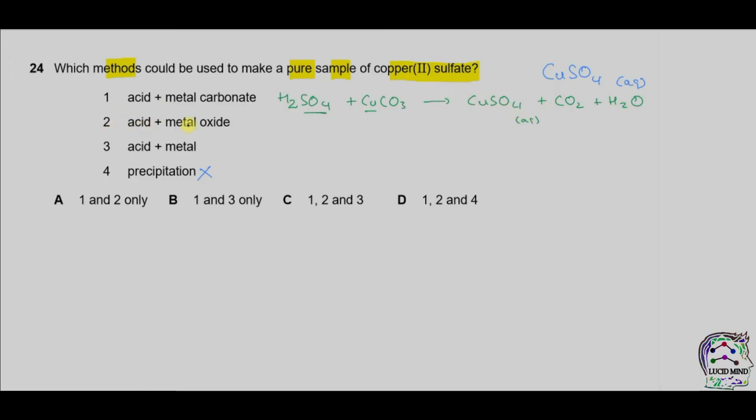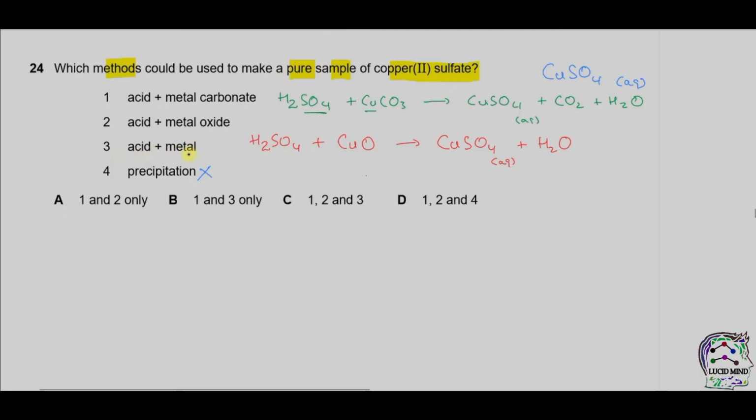Part 2. Acid plus metal oxide. Let's take sulfuric acid and we have metal oxide, for example copper oxide. So it is acid base reaction which forms salt, which is copper sulfate along with water. Again copper sulfate is soluble, so therefore it can be separated from water by crystallization. Part 3, acid plus metal.